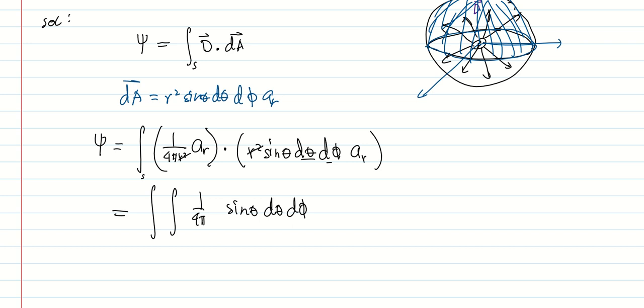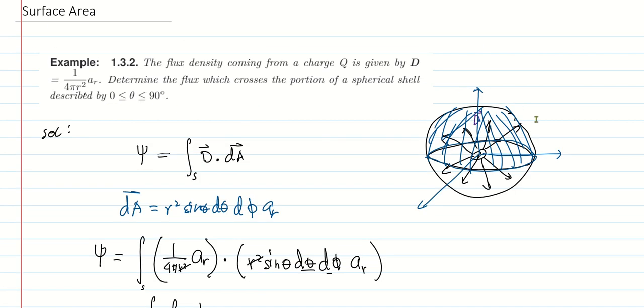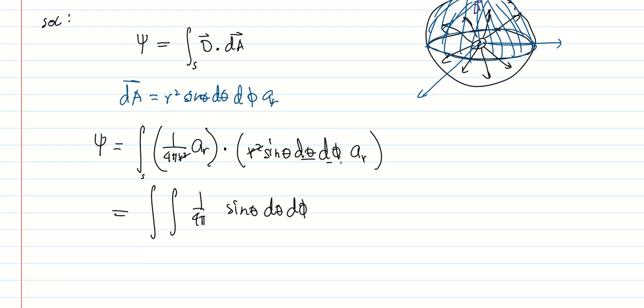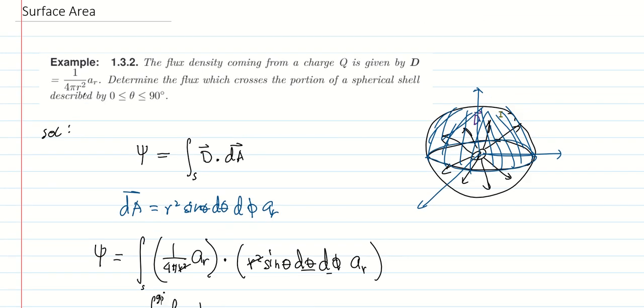For d theta, we know the limits. It should be from 0 to 90 degrees, or 0 to pi over 2 if you want. But how about phi? Because this is the half part of the sphere, our phi actually is 1 revolution. We rotate it in that direction.